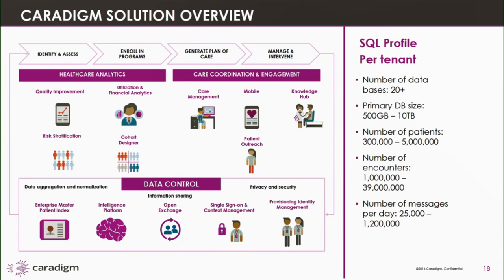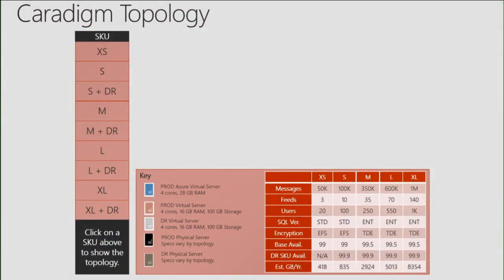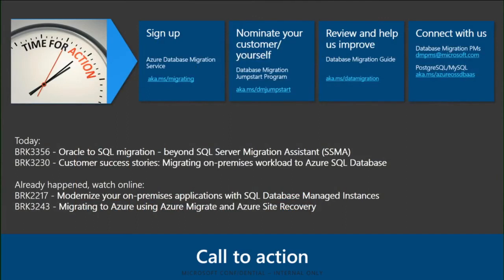So that's the end of our demo. There are a couple of slides that talk about the application portfolio that Chris just demonstrated and their topology, all the way from a small SKU to the extra large SKU. If you are more interested in understanding SSMA in depth, there is a specific session in the same room, I think at 4 o'clock. So please come attend.